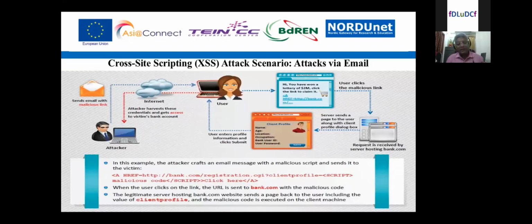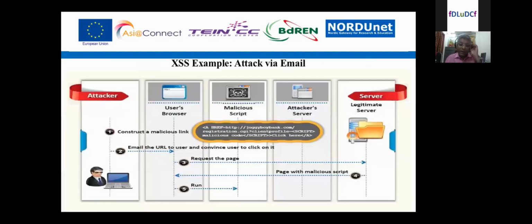And in the email, the attacker tries to get the client profile using the malicious code, malicious form, and then he will try to get authorized access to the requested server. And how does this work?